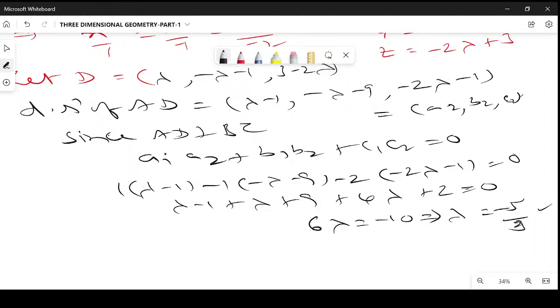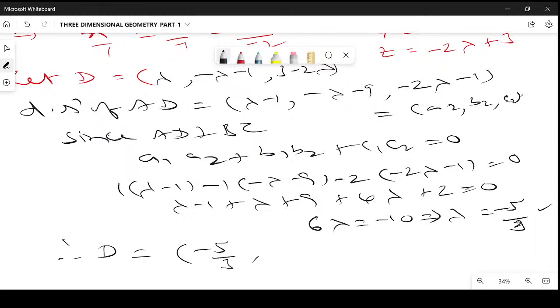Now substitute in the direction, because you have taken D with the value lambda, we got it. Therefore D is the foot of the perpendicular. D equal to minus 5 by 3, minus 5 by 3 minus 1. You can check that. What comes when you are finding this one? Minus 5 by 3 minus 1, so minus 8 by 3 you are getting.